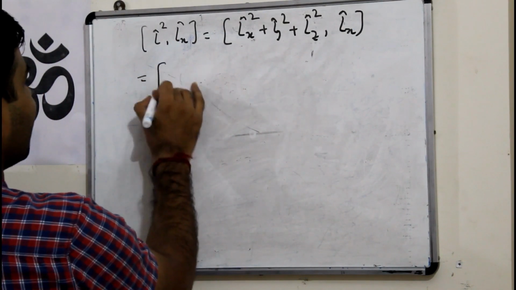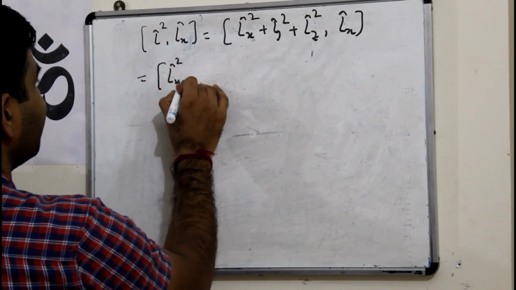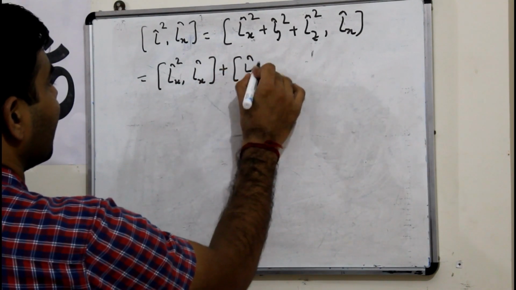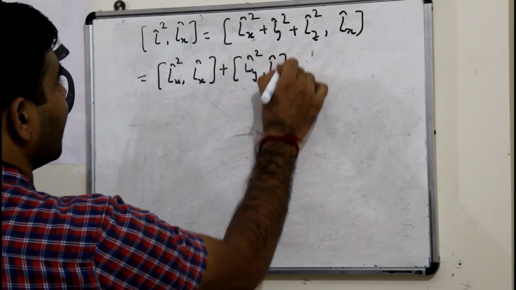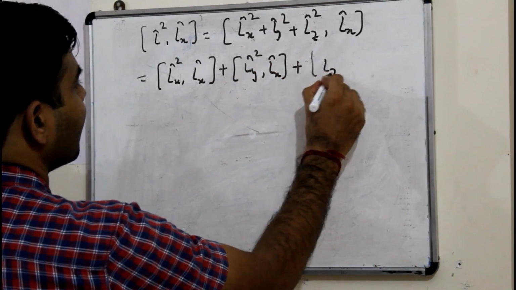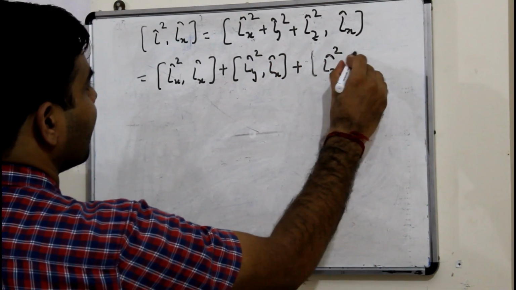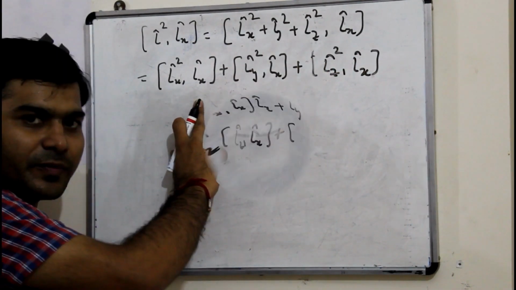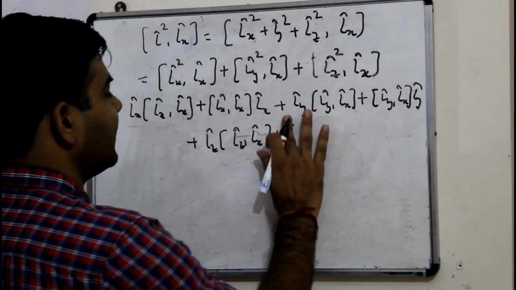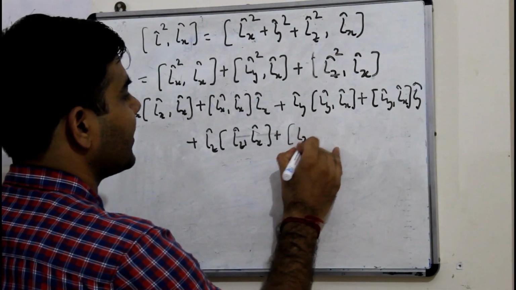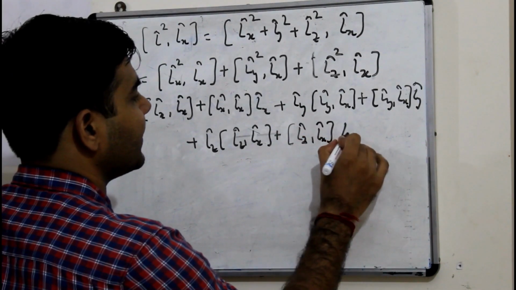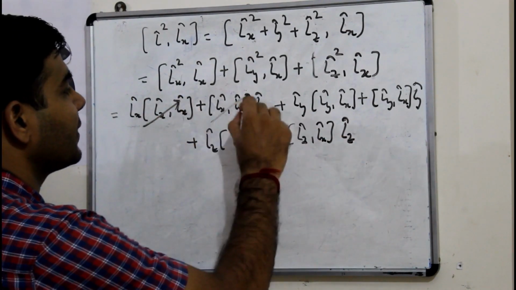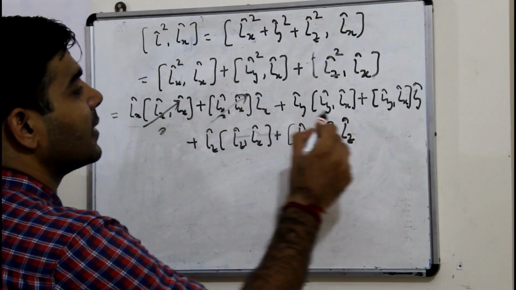If we solve this by commutator algebra, it gives this. So L_x hat squared will commute with L_x, and these are all zeros.